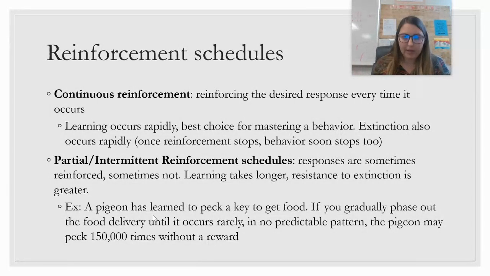They're going to peck, peck, peck. If you gradually phase out the food delivery until it occurs rarely and randomly, they have found that the pigeon can peck up to 150,000 times without a reward. So you keep people doing things for a long period of time.